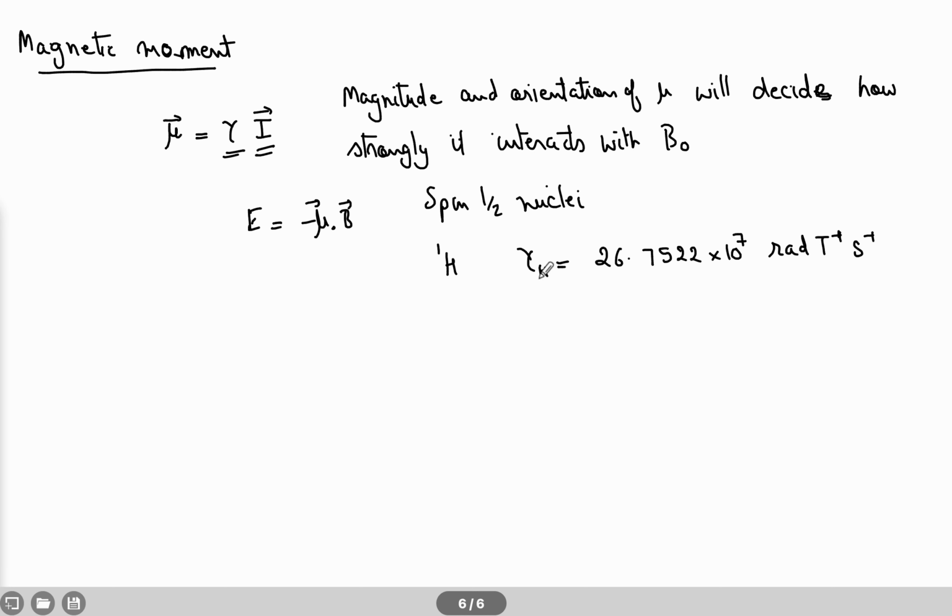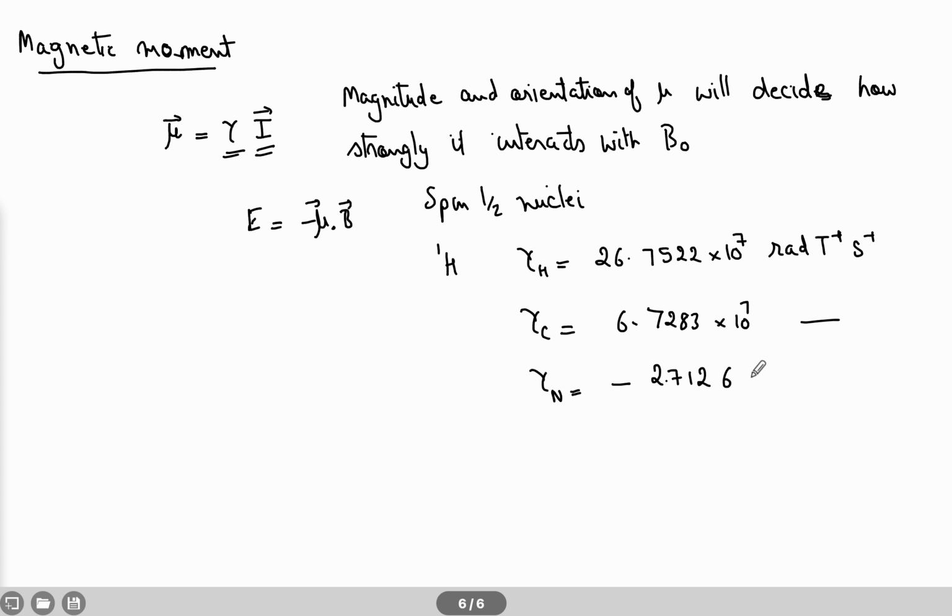Okay. All right. So gamma H is 26.7522 times 10 to the power 7 radians per Tesla per second. Similarly, gamma of carbon is 6.7283 times 10 to the power 7, same units. Gamma of nitrogen is negative 2.7126.